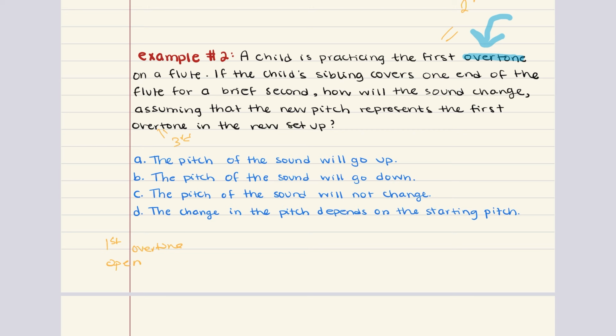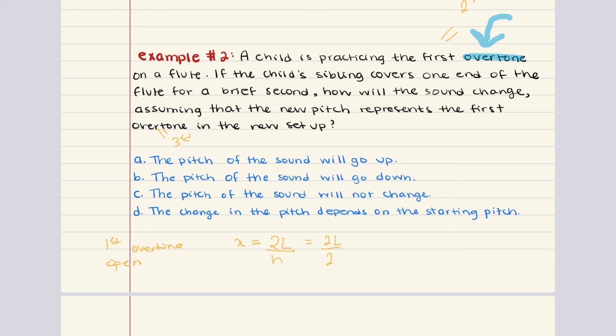To remember that, we just need to recall our equation for an open pipe. The wavelength is equal to 2L divided by N, where L is the length of the pipe, N is the harmonic. So when we are dealing with the first overtone for an open pipe, we're dealing with the second harmonic. So N is equal to 2.